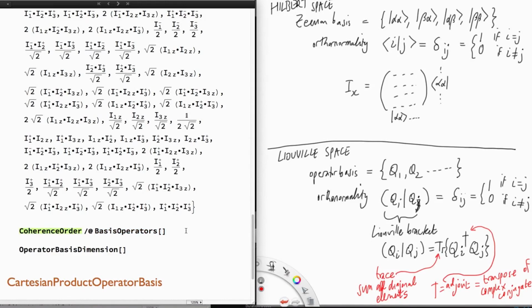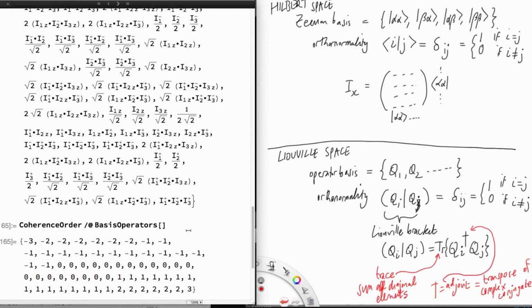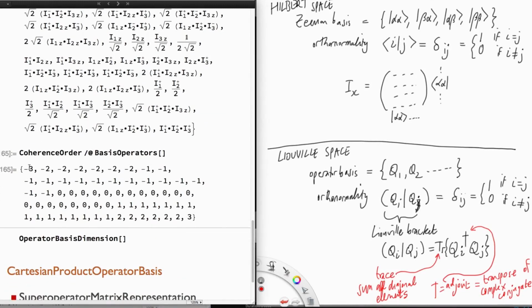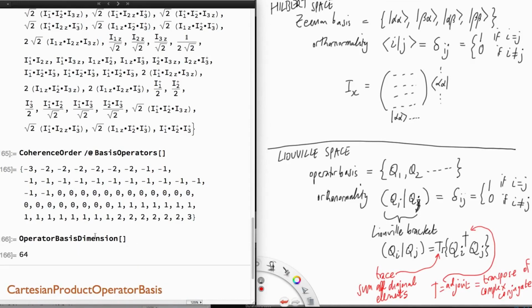Technically, that maps this function onto each of the operators and generates a list of the coherence orders. And here you can see that the -3 quantum operator is first, and then there's a whole bunch of -2 quantum operators. Then more -1 quantum, and then 0, and so on. How many operators are there? That's given by the routine operator basis dimension, which tells you that there are 64 operators in this Liouville space.